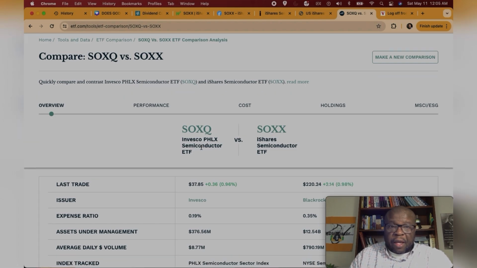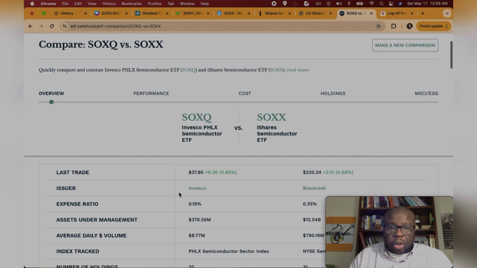SOXQ is offered by Invesco and SOXX is offered by iShares. The cost of each share, SOXQ is about $37.85. SOXX is about $220. Invesco issued the SOXQ and BlackRock issued SOXX.